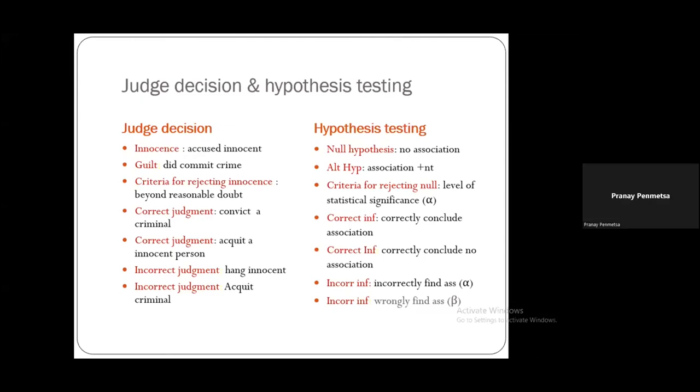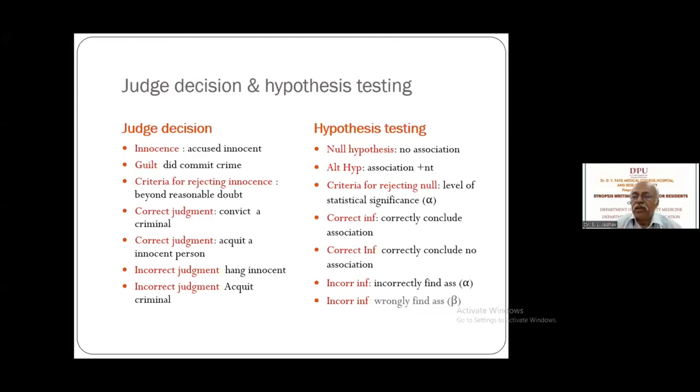If they have adequate witnesses or evidence, then only reasonable doubt. We have a p-value, that is the alpha error, less than 0.05, we reject the null hypothesis. The correct judgment is to convict a criminal who has committed a crime, and the correct experiment is to correctly conclude an association when it is present.